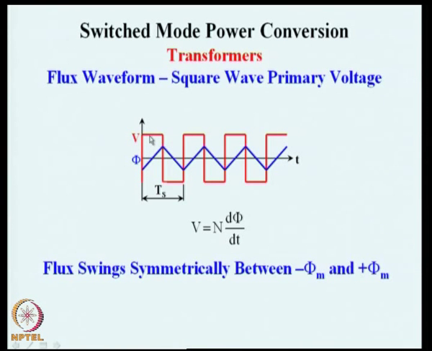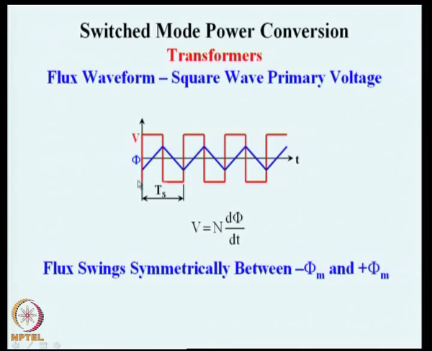Whenever a positive voltage is applied to the primary, the flux in the core increases linearly to reach some maximum value in the positive direction, and when the voltage reverses polarity and becomes negative, the core flux starts decreasing linearly and goes towards the negative maximum, and this goes on.